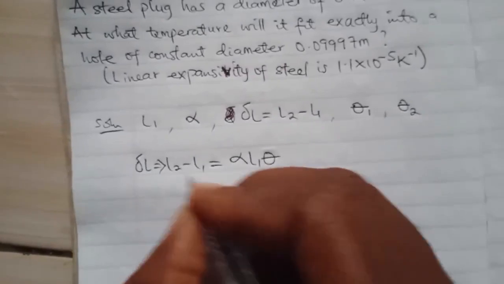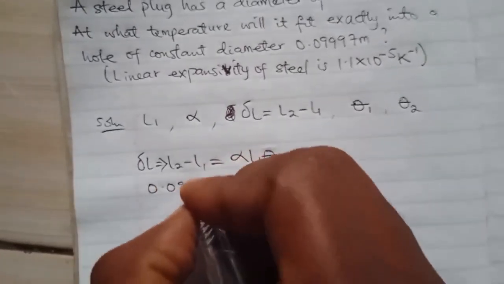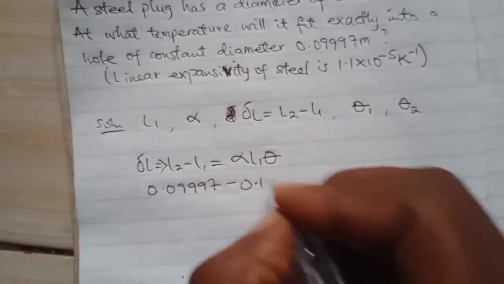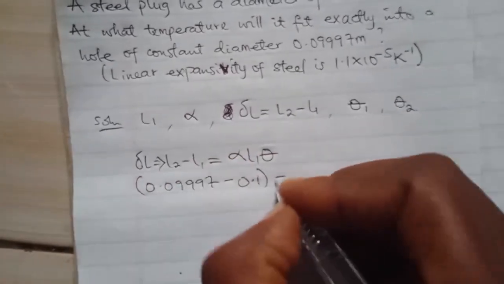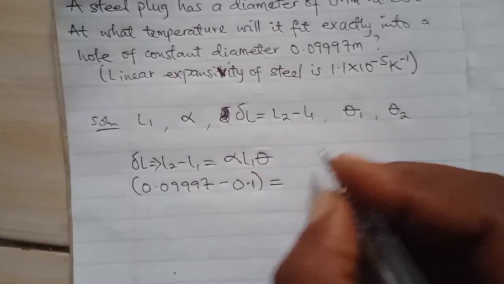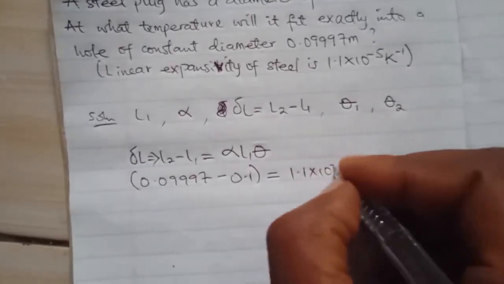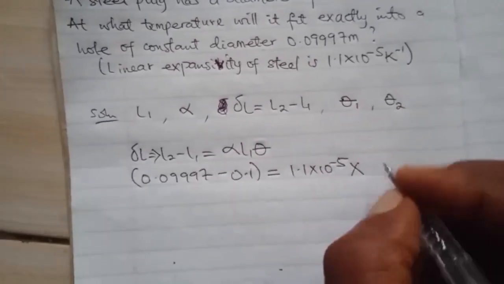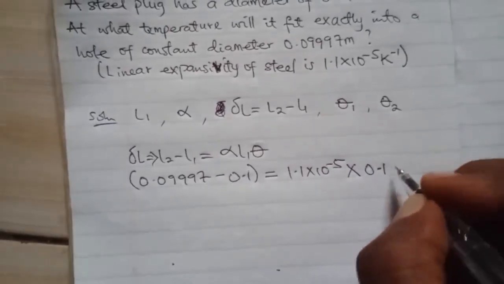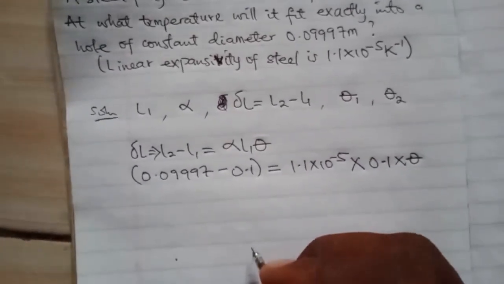Now the change in length actually is the final length 0.09997 minus the original length 0.1, which is equal to the linear expansivity, 1.1 times 10 raised to the power minus 5, times the original length 0.1 and then the temperature change that we're looking at.